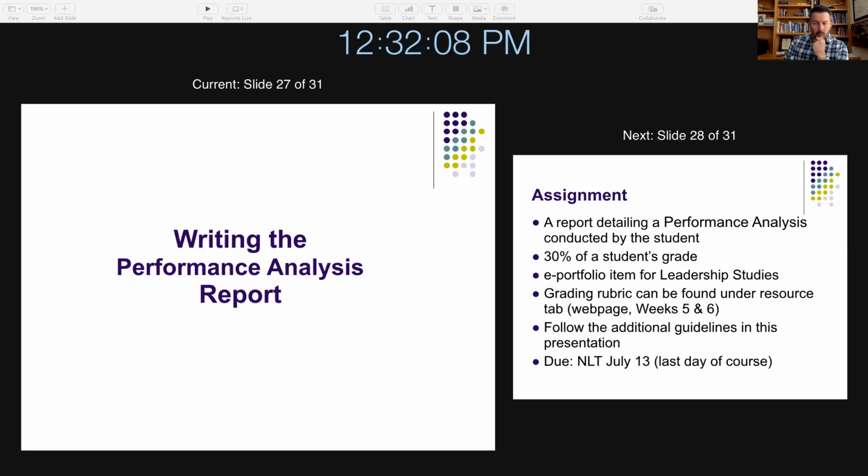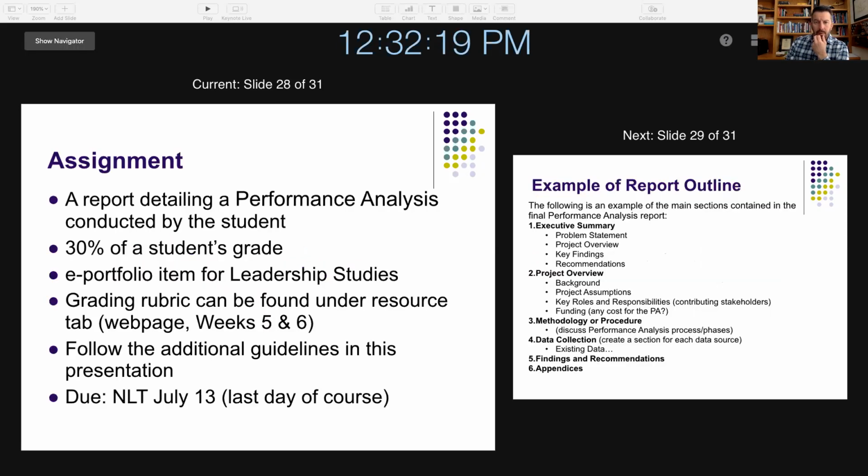All right. So once you do your analysis, then you have to sit down and write up your report. This is pretty much a review. You know that it's worth a lot of points because it's a signature assignment. It should be in your e-portfolio or Portfolium.